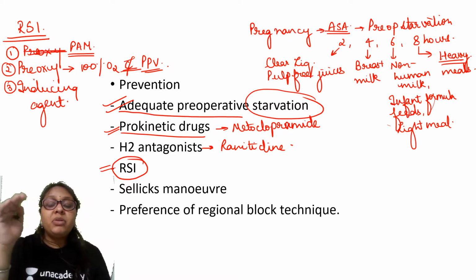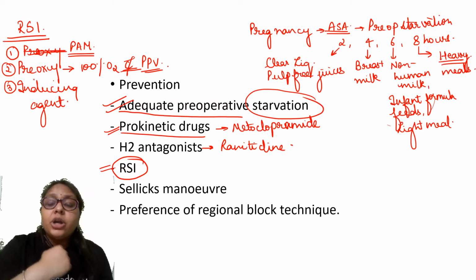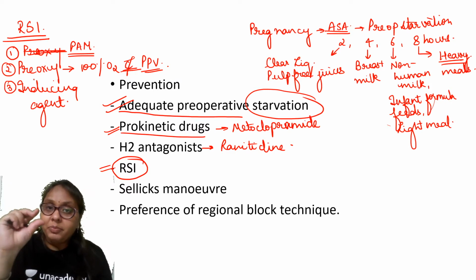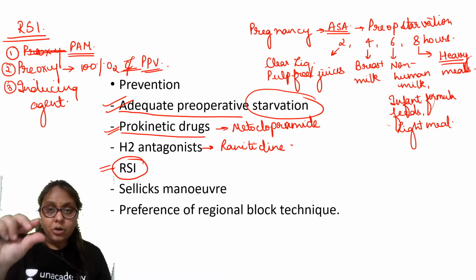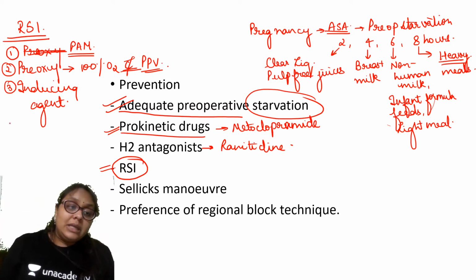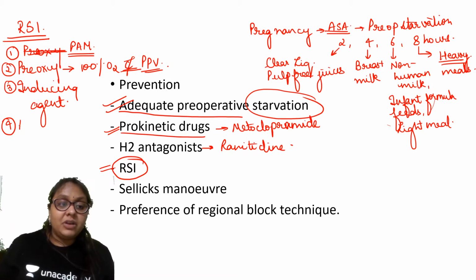So to prevent aspiration of the contents, you should apply cricoid pressure so that the opening of the esophagus is obstructed, and there is less chance of aspiration. Start applying the cricoid pressure at around 10 newtons while giving the inducing agent, and don't give positive pressure ventilation after this.